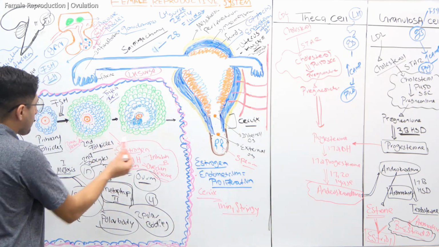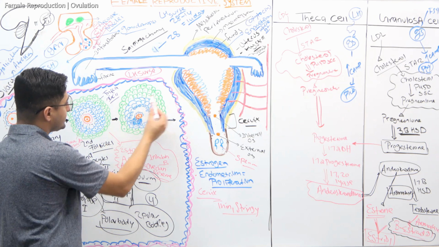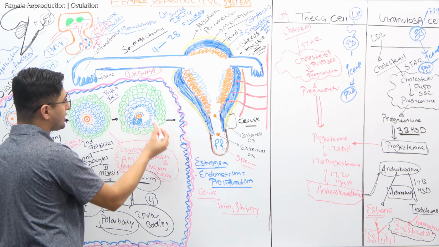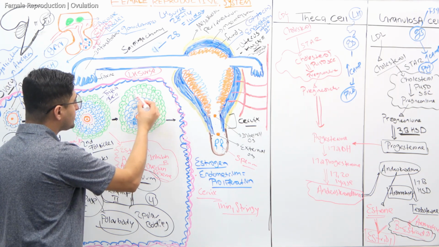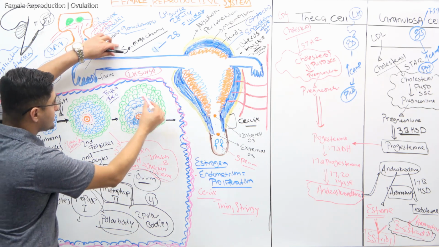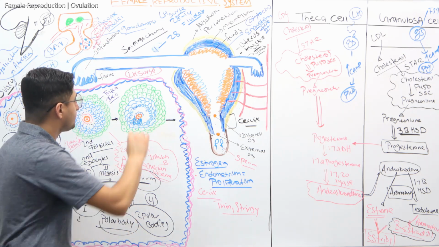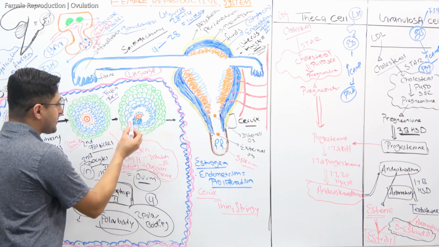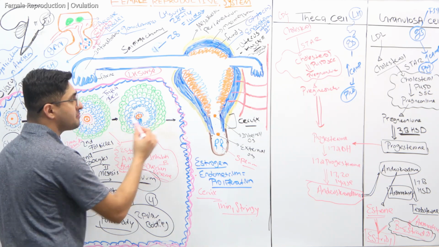So, what is going to happen at that time is that whenever there's lots of LH hormone coming, it acts on all the theca cells, right? A lot of blood vessels go there, and LH stimulates the blood vessels and they start dilating, okay? When the blood vessels are dilating, this fluid cavity is getting even bigger.